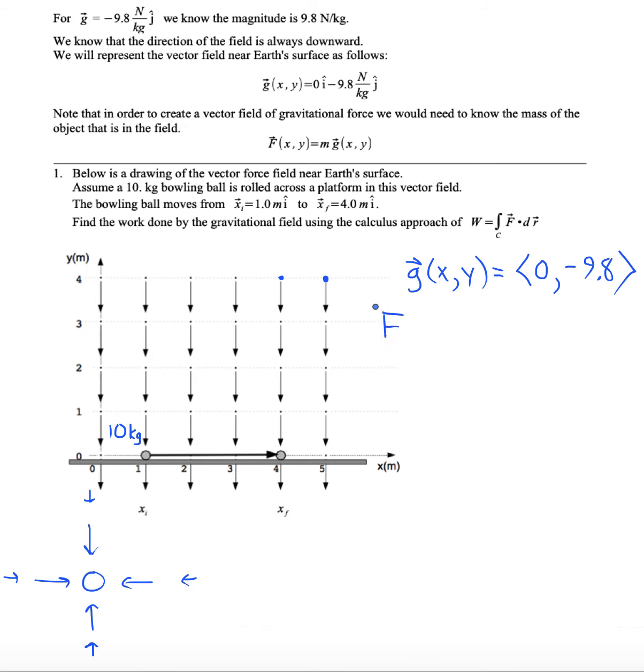So let's write an equation for the force that ball will feel. It'll be the mass times g, which is going to be 10 kilograms times our field. And that is going to be 0.98 for this problem.